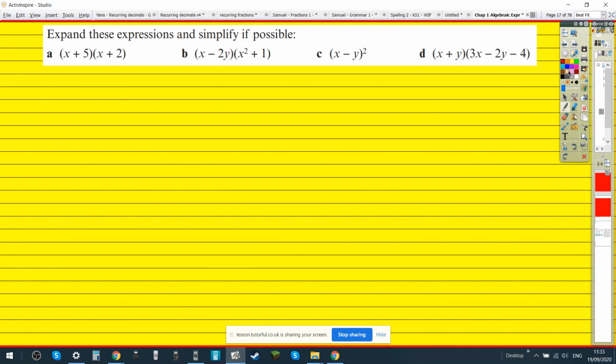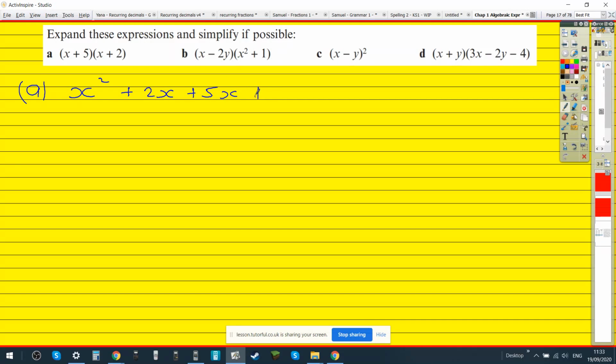Okay, double brackets. Do you know how to expand these? Do you times everything by each other? Yep. So it'd be x times x, which is x squared, and then x times 2, which is 2x, and then 5 times x, which is 5x.